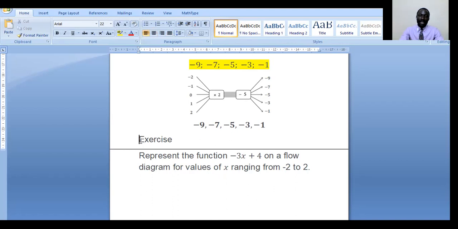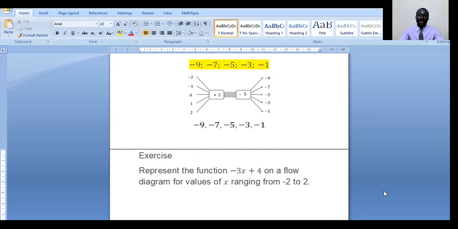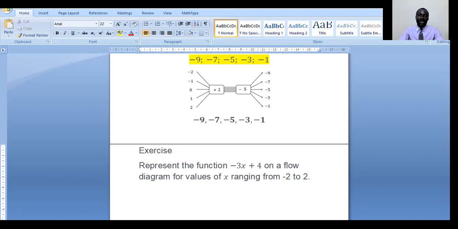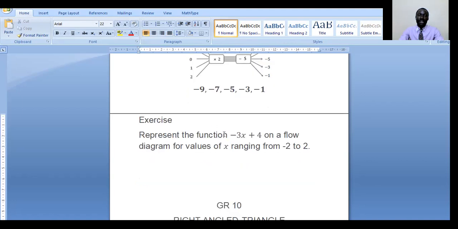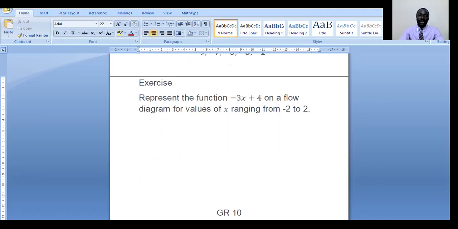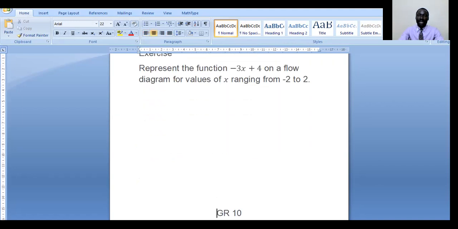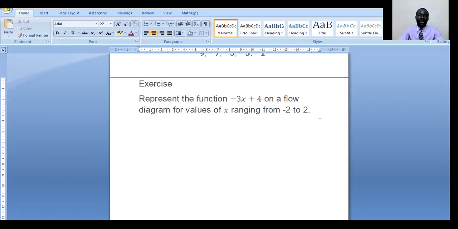And here is a task for you. Your task is to represent this function, which is minus 3x plus 4, on a flow diagram, for values of x ranging from -2 to +2.